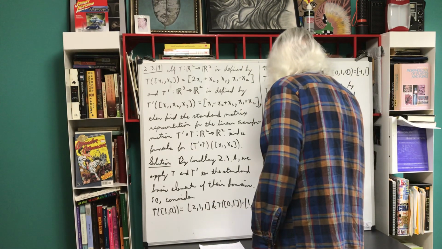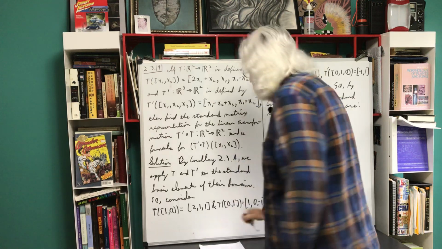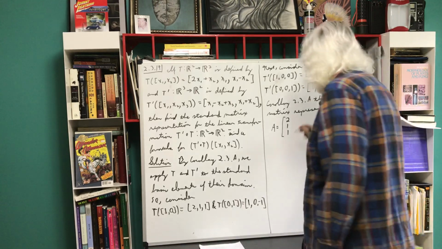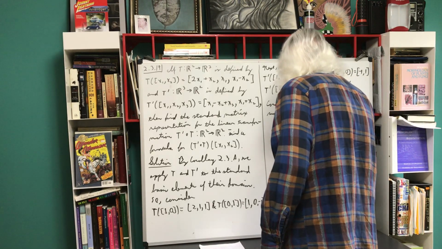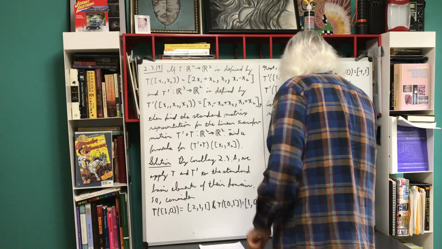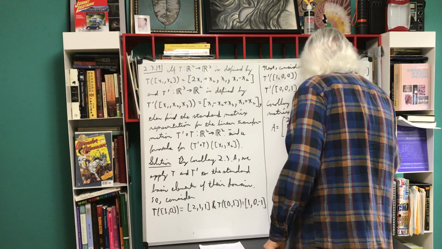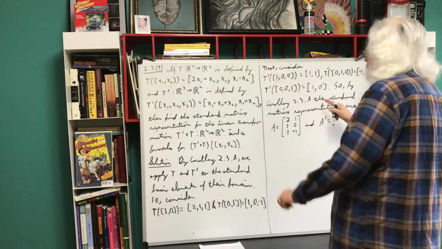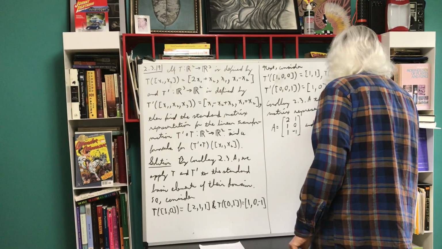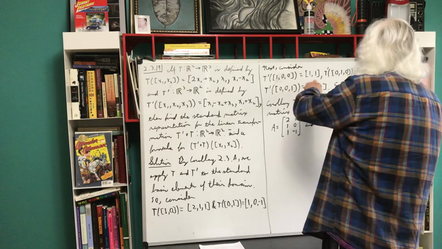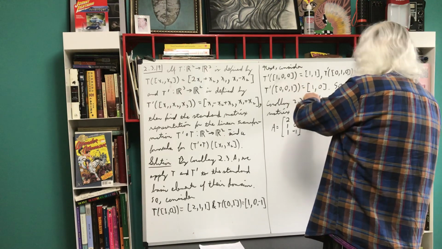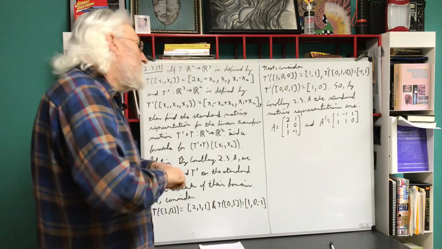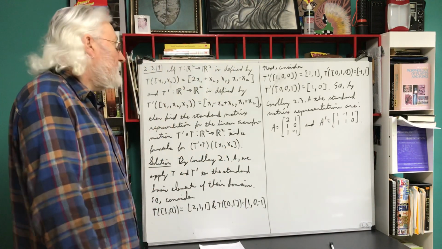That will become the column of the standard matrix representation. First standard basis vector, first column. Second standard basis vector, second column: 1, 0, negative 1. And for the other transformation, A prime, we've got i, j, and k, and their images produce the columns 1, 1, negative 1, 1, and 1, 0. So there are the standard matrix representations of T and T prime.